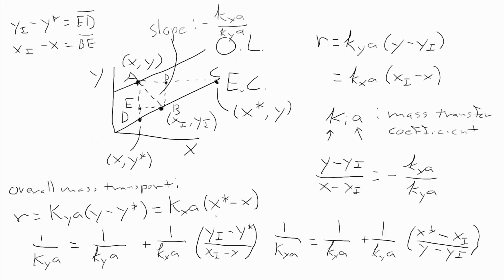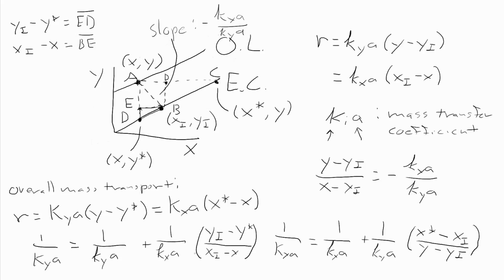All right, so this ratio down here, (yi minus y star) over (xi minus x), is simply this length, ED, over this length, EB. Notice that this is the same as the rise of this curve over the run of this curve, where this curve is the equilibrium curve. So ED over BE is equal to rise over run for the equilibrium curve, which is simply the slope of the equilibrium curve, which is the k value.